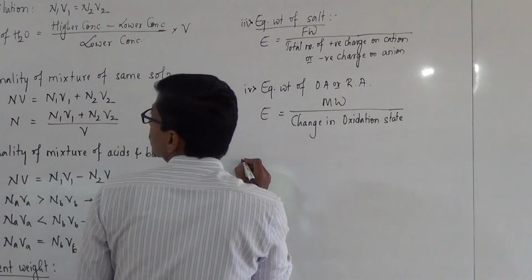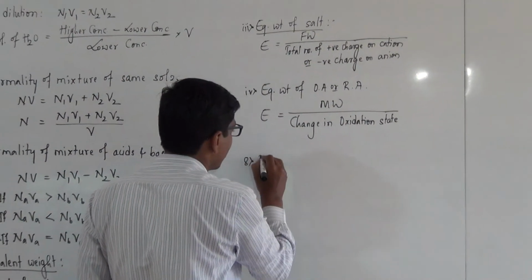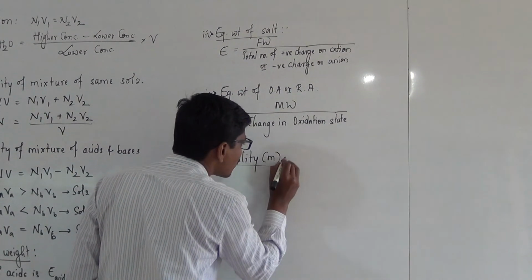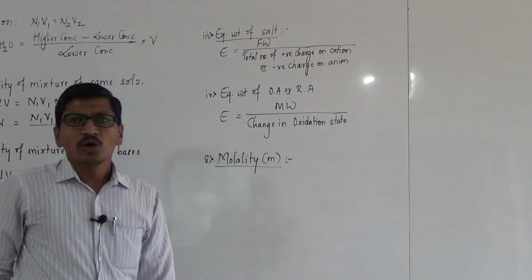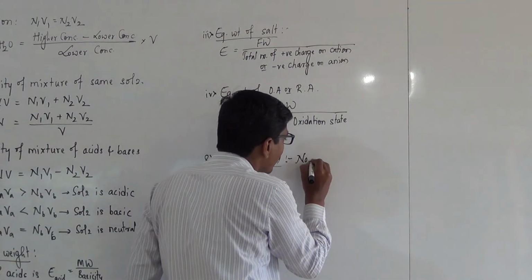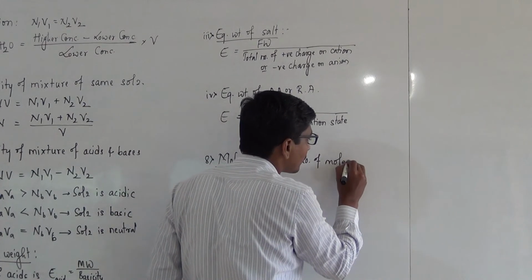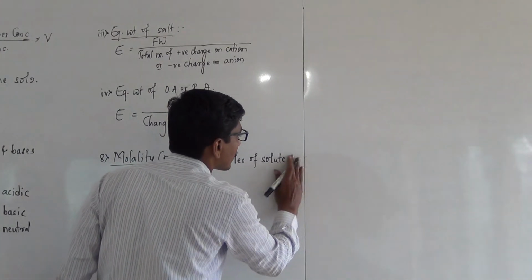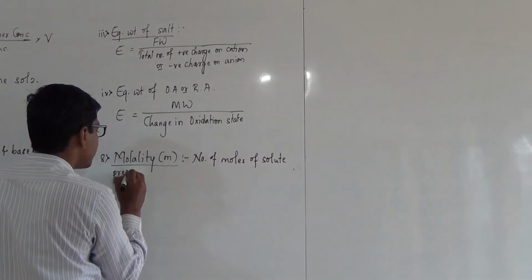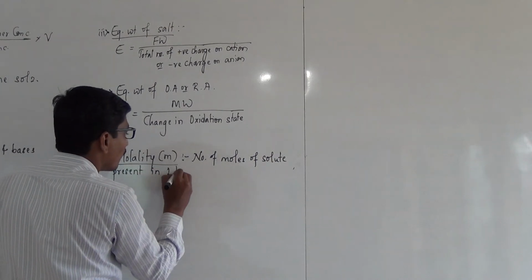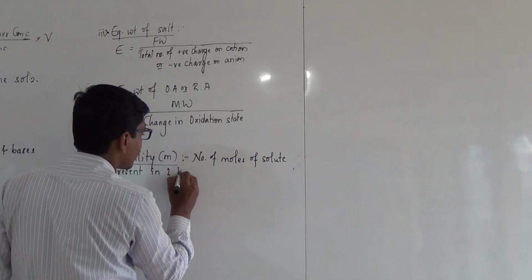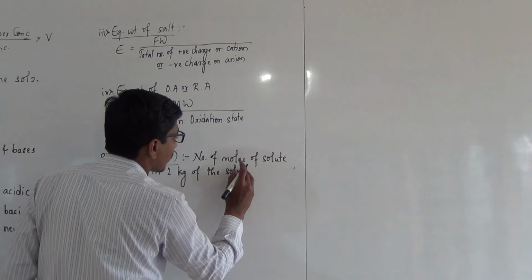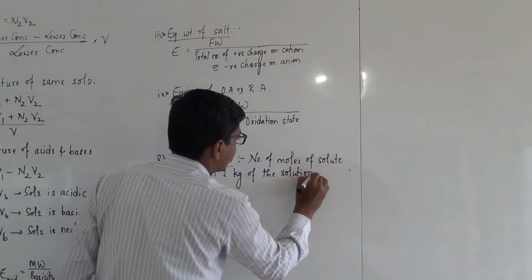Next concentration term is molality. It is denoted by the symbol small m. Molality is the number of moles of solute present in 1 kg of the solvent or solution.